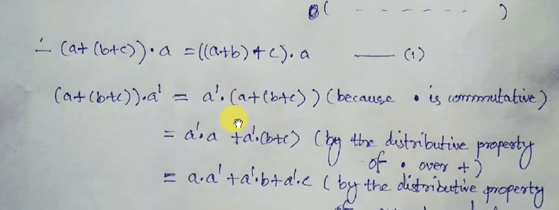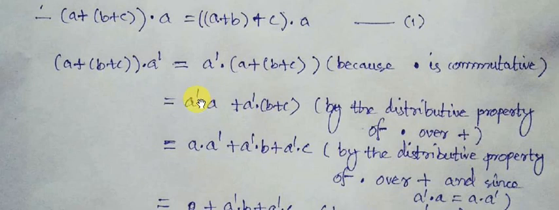Similarly, from the commutativity property of multiplication, we can write this is equal to a complement into (a plus (b plus c)). And we are now using the distributive property of multiplication over addition. So this is equal to a complement into a plus a complement into (b plus c).